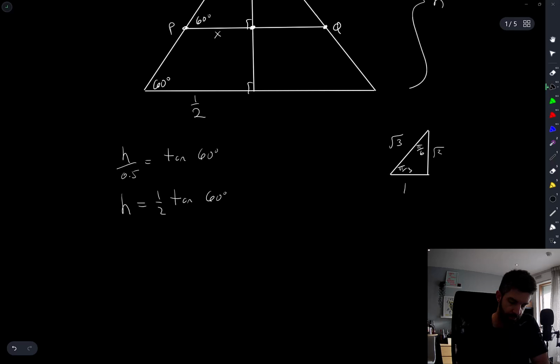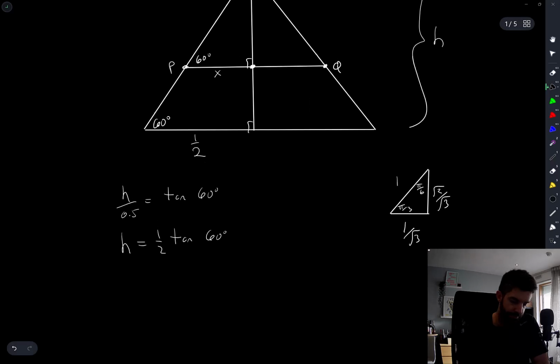For right triangles, if I divide everything by root 3, that would mean sine of pi over 3 is root 2 over root 3. That sounds about right.